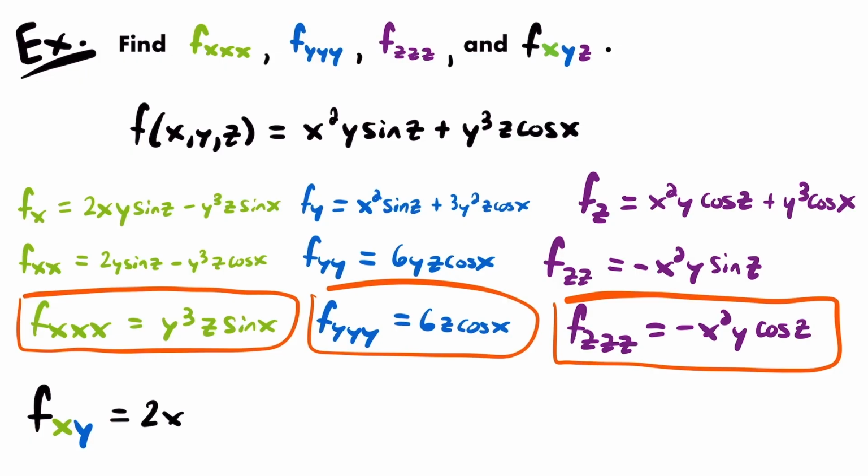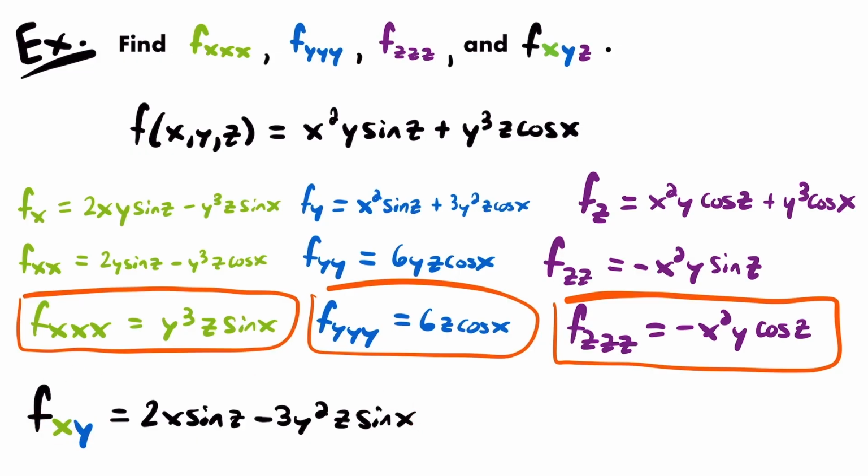So we get 2x times sine z, and then for the second term, y cubed is in terms of y, but everything else is in terms of the other independent variables, so those are just constants. You can take the derivative of y cubed and be done. So use the power rule, and you'll get minus 3y squared times z times sine x. All right, and so that is f sub xy.